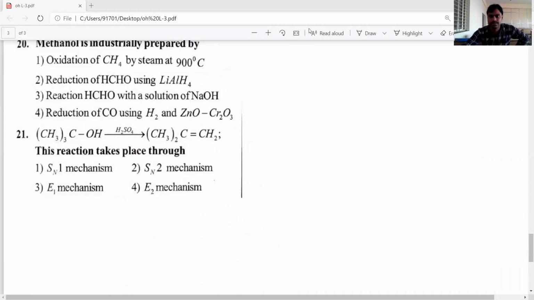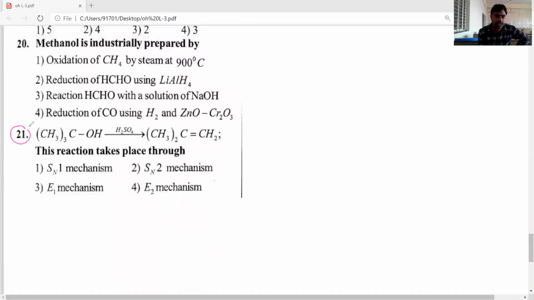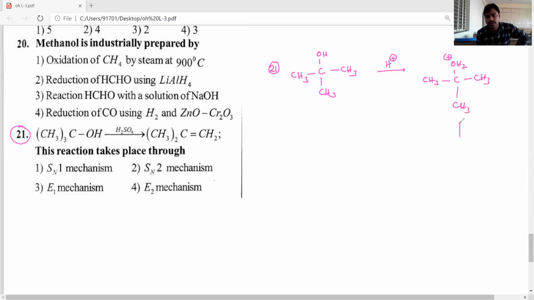21. What is the 21st question, dear students? It is a tertiary alcohol. It's very important. It is an elimination reaction. Already we know that elimination reactions are of two types. In acidic medium, it is converted into CH3-OH2+ and CH3-CH3, and loss of a water molecule produces a tertiary carbocation.